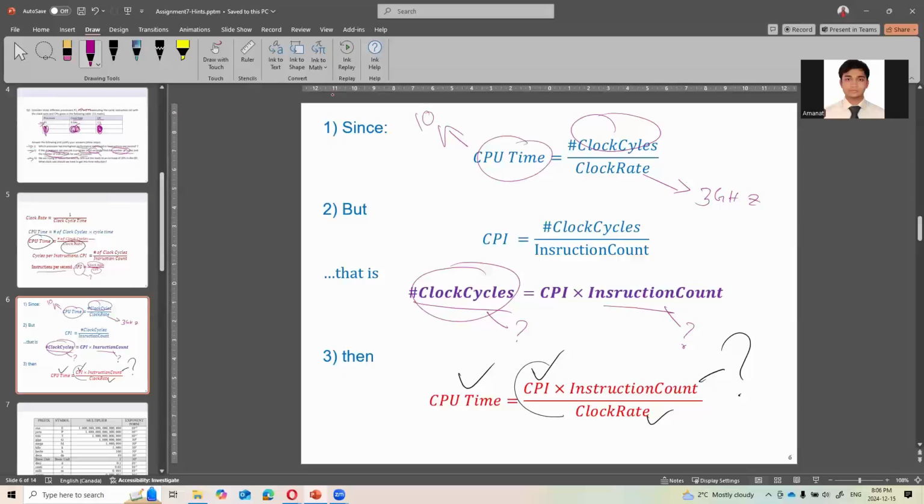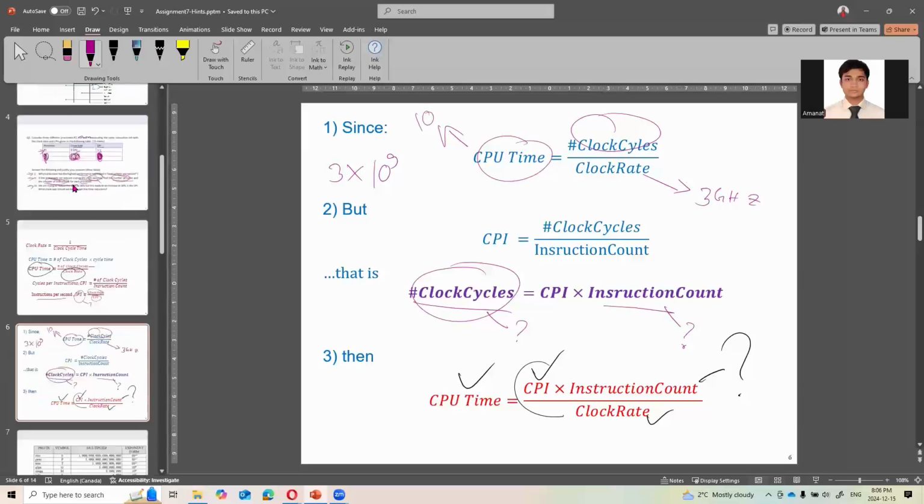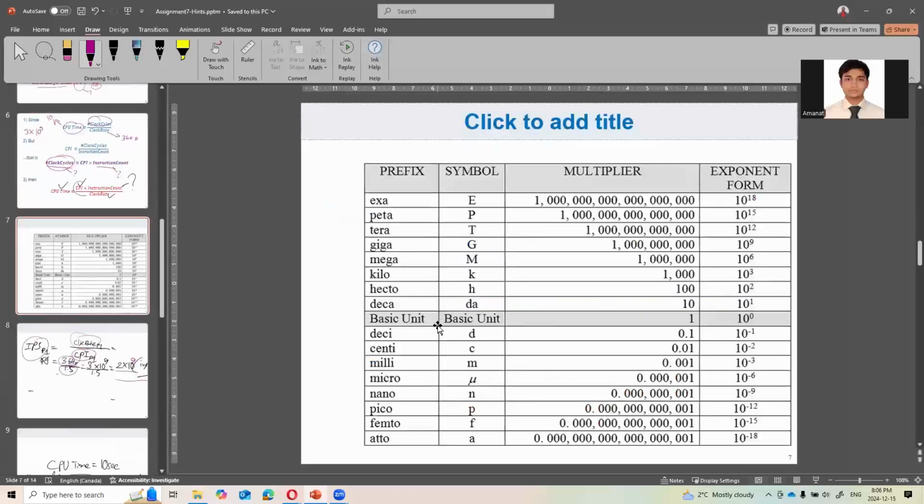Let's quickly go to the solution, or I can just do it here. So number of clock cycles equals 3 gigahertz, which is 10 to the power 9. How do I know that? You can find it in the cheat sheet from this table. Giga is 10 to the power 9.